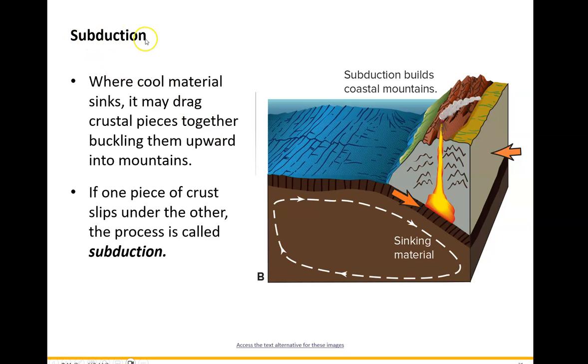That's called subduction, and so you drag this rock down, underneath, toward the convective current that's going up. So one piece slips underneath another.